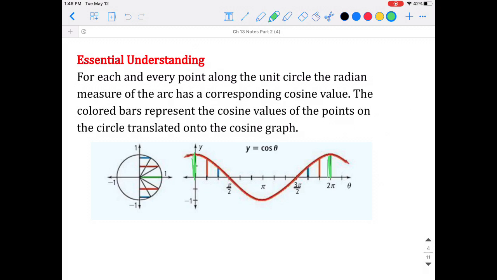If you think about 0 and 2 pi on the unit circle, that's on the positive x-axis. That point on the positive x-axis is (1, 0), so we know the cosine value is 1. The cosine of 0 is 1 on the unit circle, and the cosine of 0 and the cosine of 2 pi are also 1 in the cosine graph.